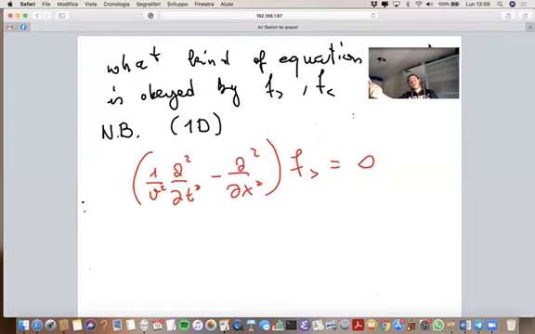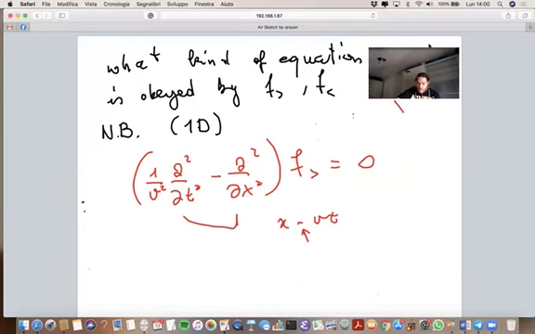I want to emphasize also one more point: since this equation involves taking the derivative twice, any time you take a derivative, you get a minus sign. If you have x minus vt, a forward propagating wave, you get twice a minus sign, which will cancel out.